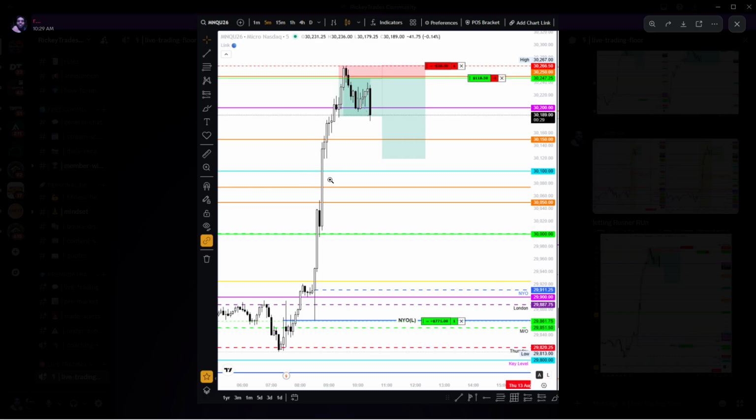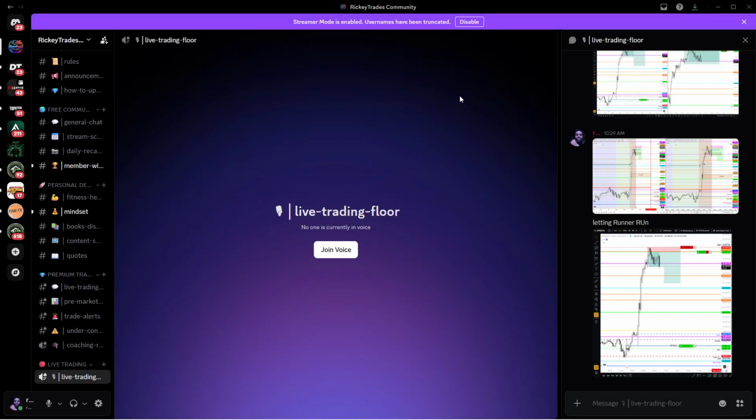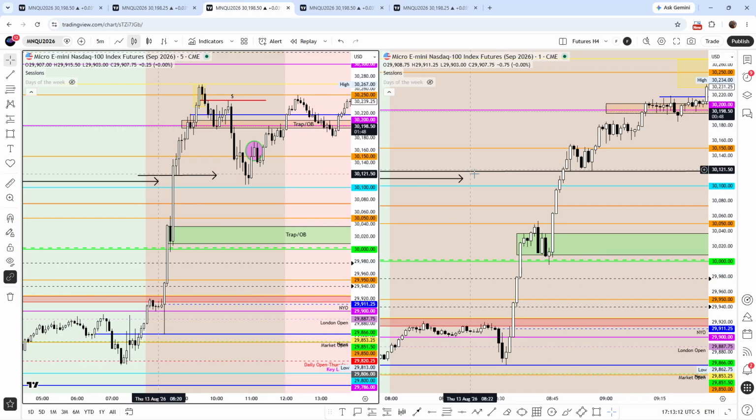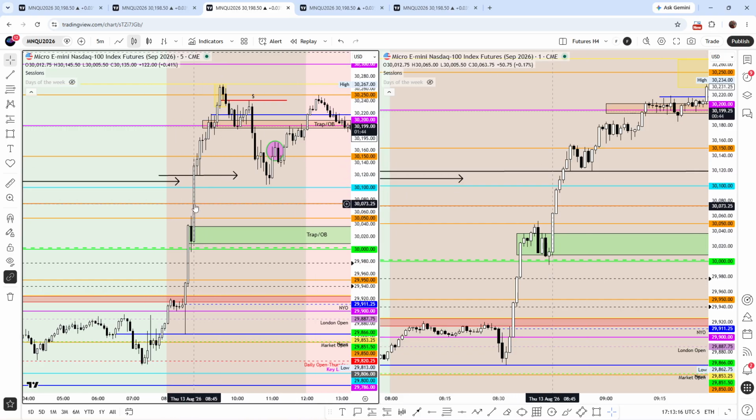And then I did attempt a scratch in another area, which I need to go over here very quickly. So we played this area, and then I showed the area that we actually played, okay, and we played down and where we played to. And then the scratch area that I had was on the 1 minute. I can only see it on there for right now is we ended up delivering 30,100.